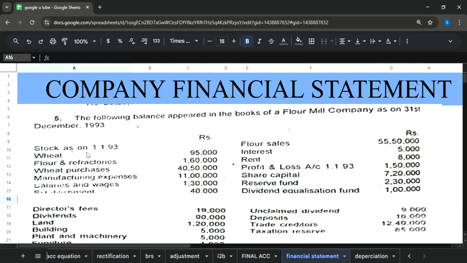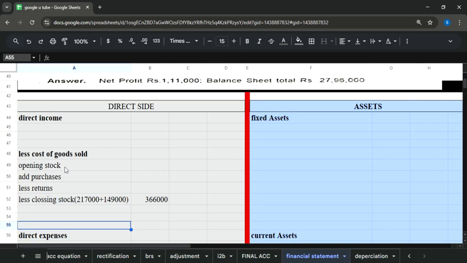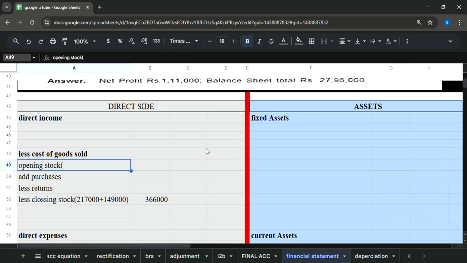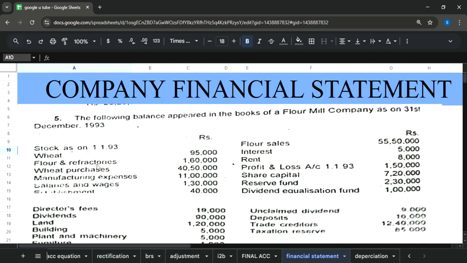So step by step, very carefully, we are now going to record these elements into our financial statement. Stock on 1st January. Since 1st January is mentioned, so it would be an opening stock, and you can see there are two opening stocks, wheat and flour. Here we will mention amount of each so that you can remember how this total amount arrived. 95,000 is wheat stock, and then you will add second stock, and that is flour 160,000.